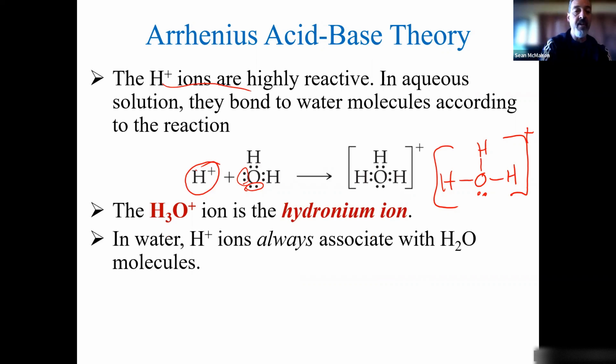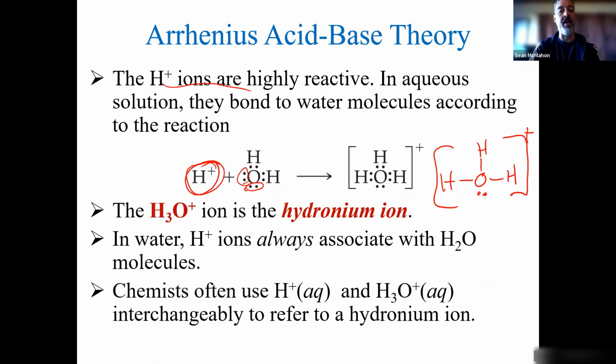Well, if the proton, the hydrogen ion, is surrounded by water, it's going to react with the water to produce this hydronium ion. So even though this is used interchangeably, and it's a lot easier to write this, and it's okay to write just the hydrogen ion, in reality, there is no free-floating hydrogen ion. It's hydronium. So I just want people to be aware of that.